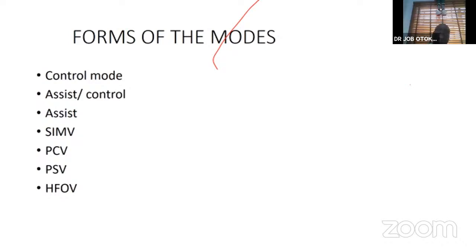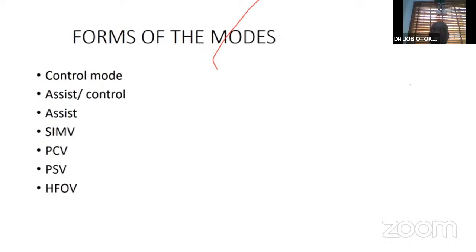The assist control means the patient makes an effort. The machine senses that effort based on the sensitivity parameters we've preset on the machine, and then supports that effort that is made by the patient. This is what assist control refers to. Don't mix it up.